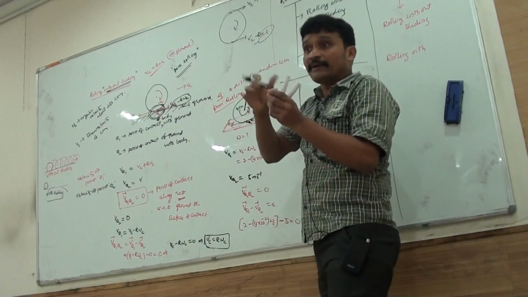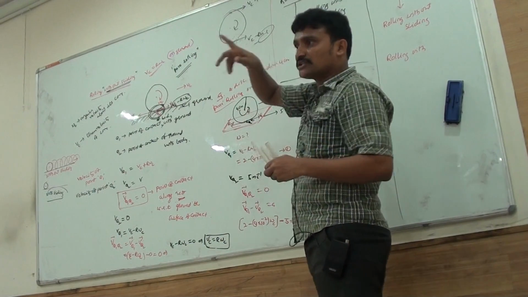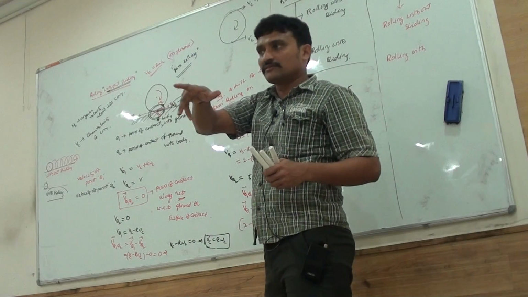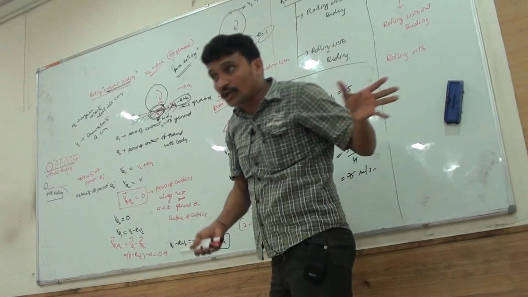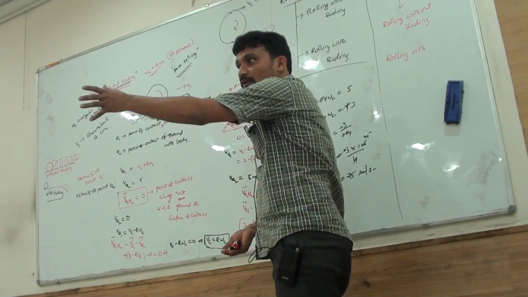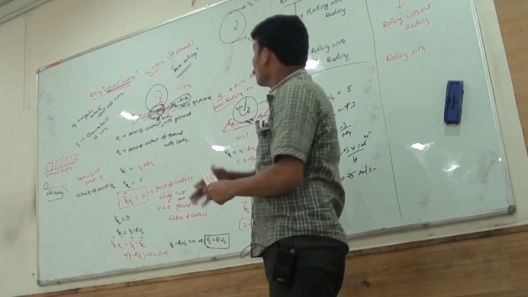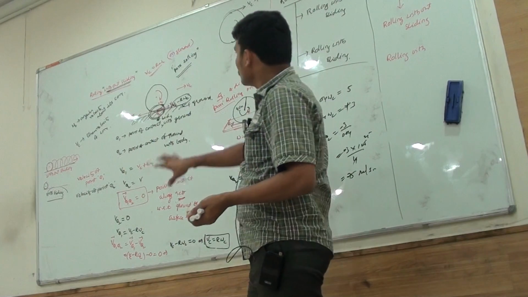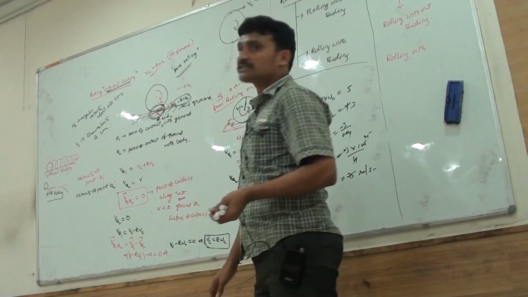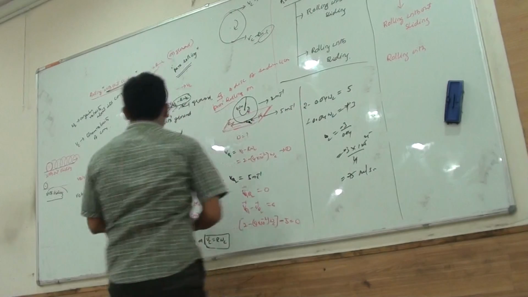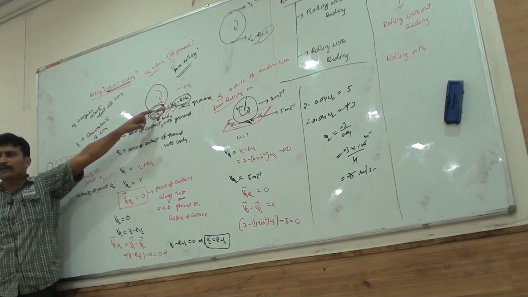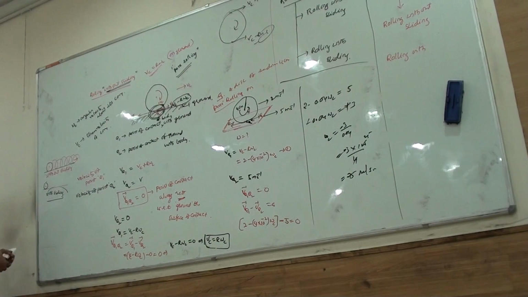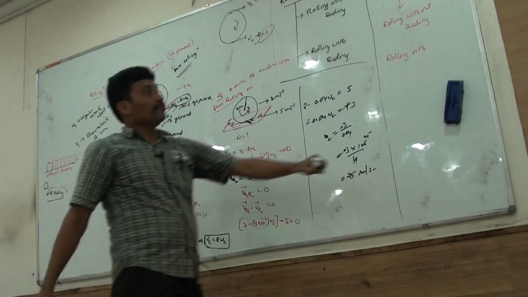So in rolling motion, different particles have different velocities. But in translatory motion, all particles have the same motion. Rolling motion is a combination of translatory and rotatory motion. Here we discussed pure rolling without sliding, where the point of contact is always at rest.